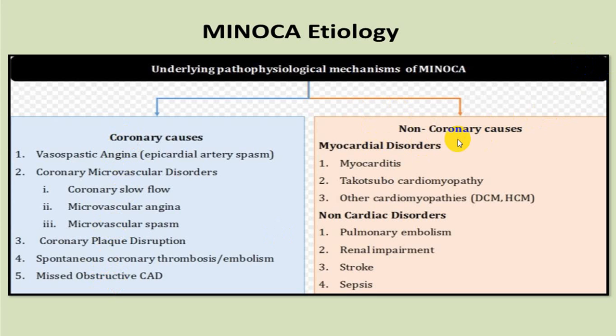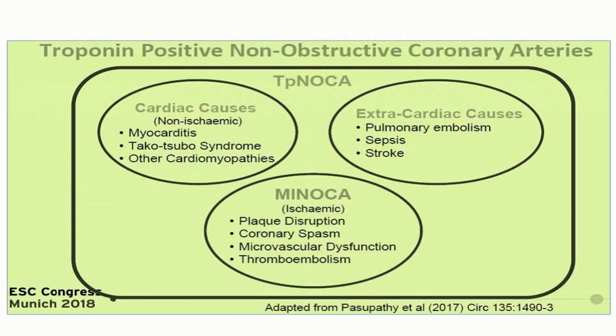And if there are myocardial disorders like myocarditis, Takotsubo, dilated cardiomyopathy or hypertrophic cardiomyopathy, or non-cardiac etiology like pulmonary embolism, renal impairment, stroke, sepsis, etc., all this will produce an imbalance in supply and demand of oxygen by the myocardium.